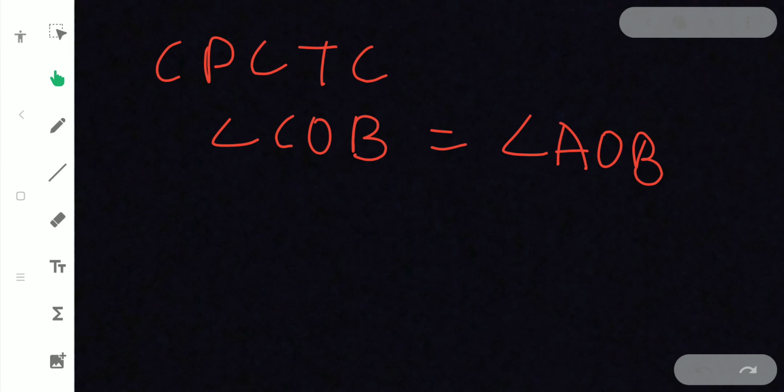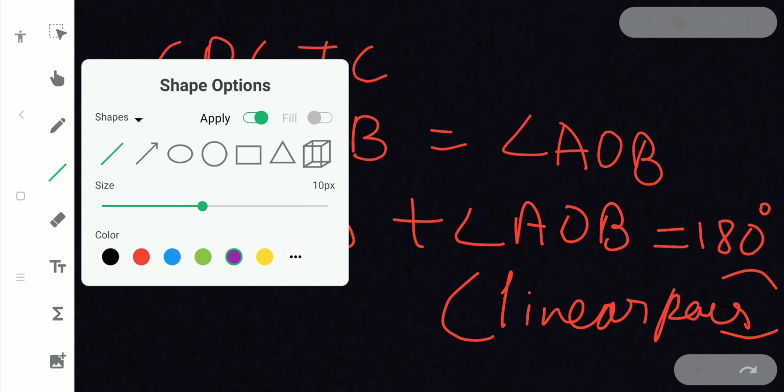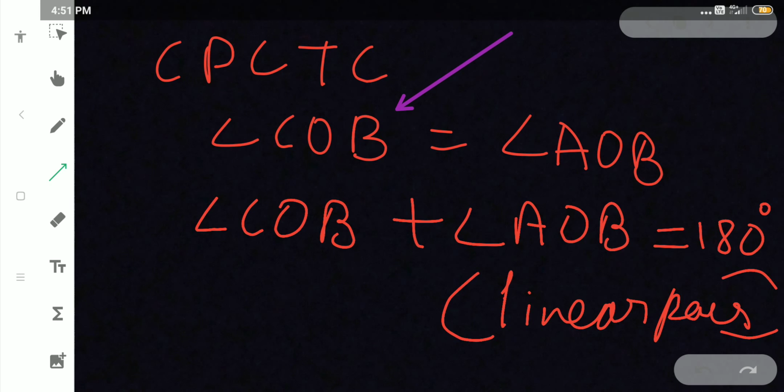Now if we consider angle AOB as x, so automatically angle COB also will be x because they both are equal.